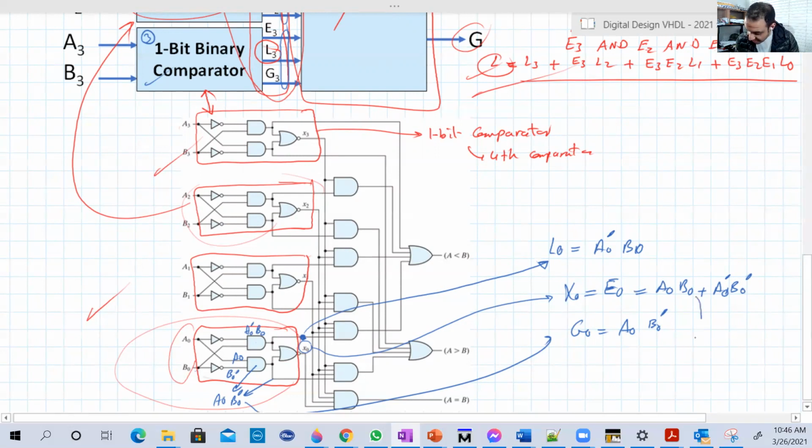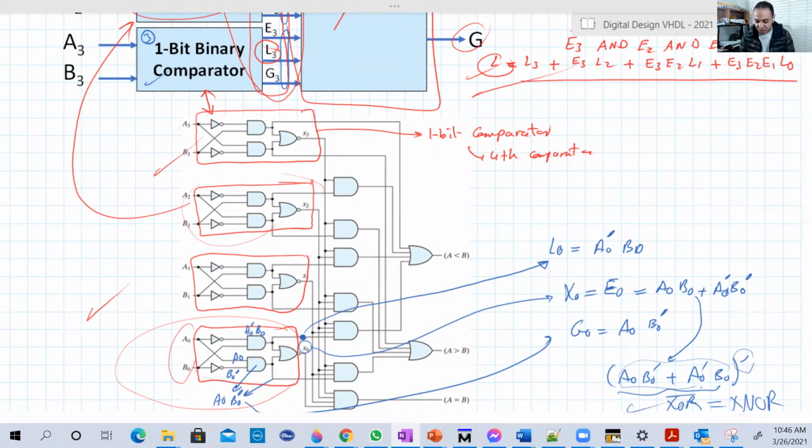It's written basically as A0 B0 bar plus A0 bar B0 complement, and then complemented. Remember, guys, what's between the parentheses here is XOR. Then you take the complement, so XOR complement is basically XNOR. So it's the same. It's not different. So we can say this is equivalent to what we have done.